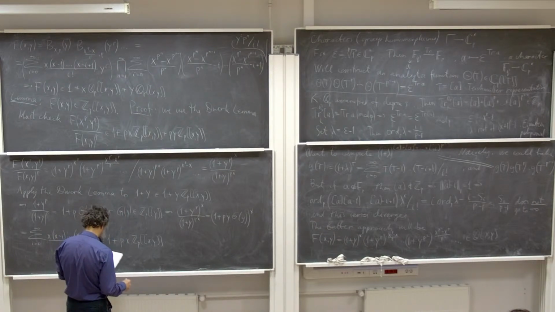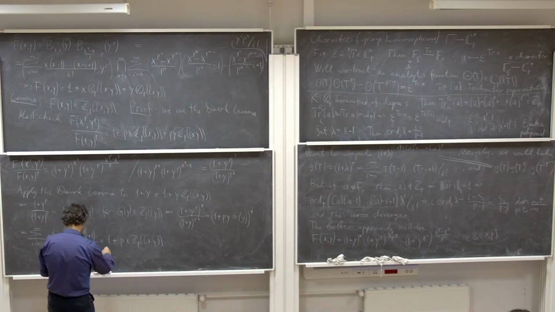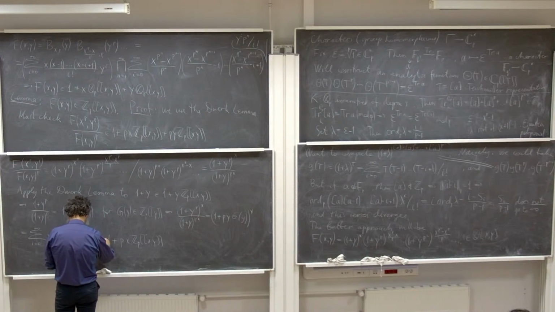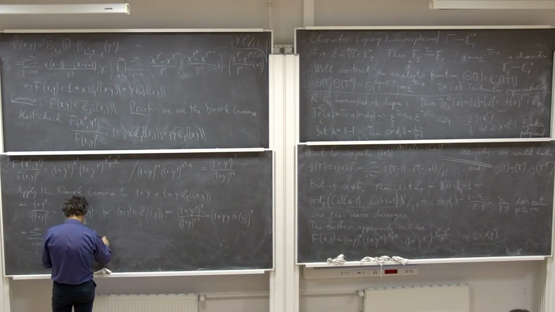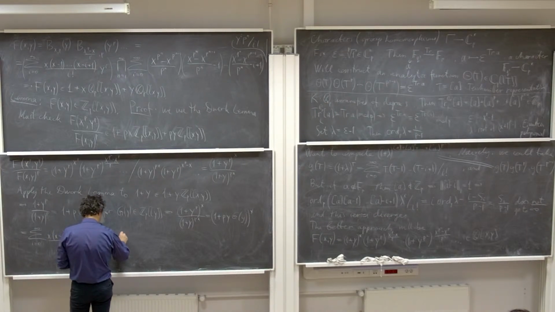Sorry, I forgot the main term: p to the i, g of y to the i, y to the i over i factorial.